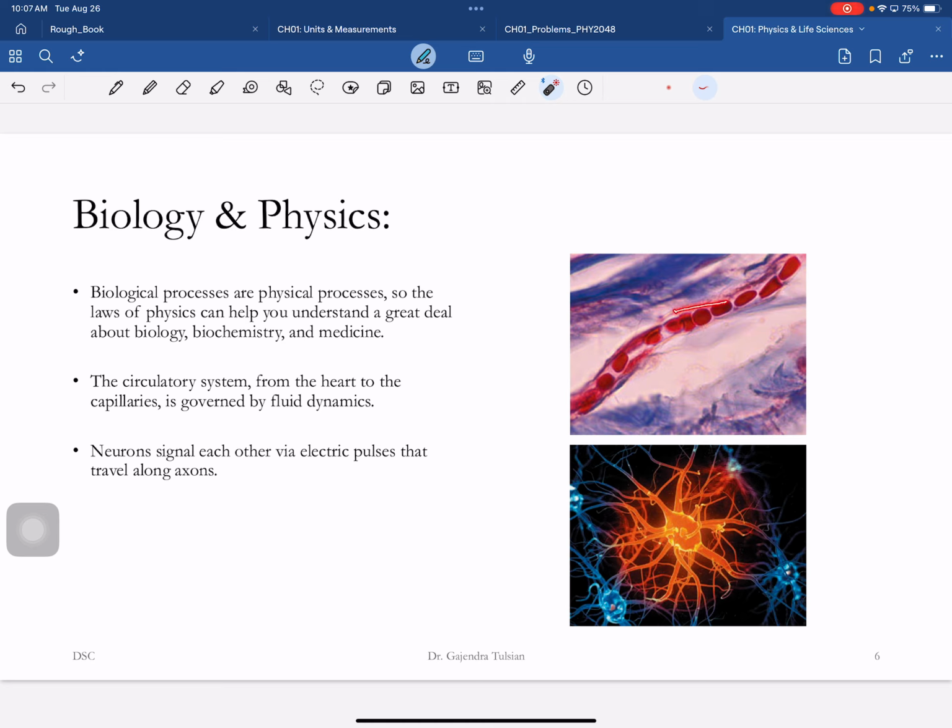But this width of the capillary is not an accident. Let's say the capillary was slightly wider.